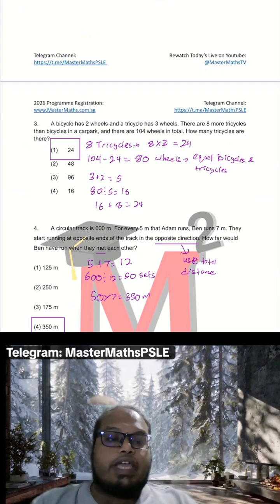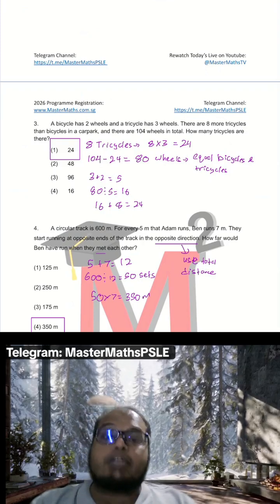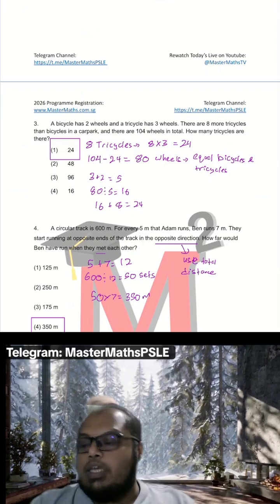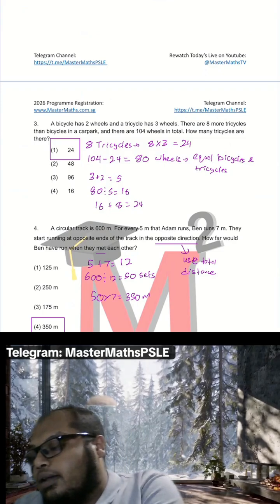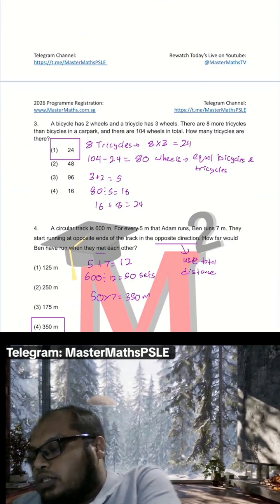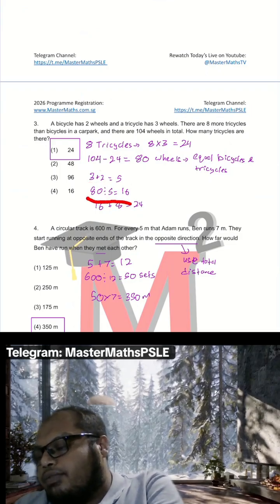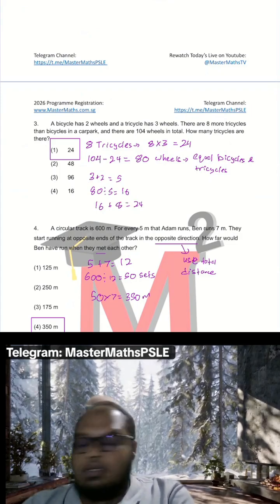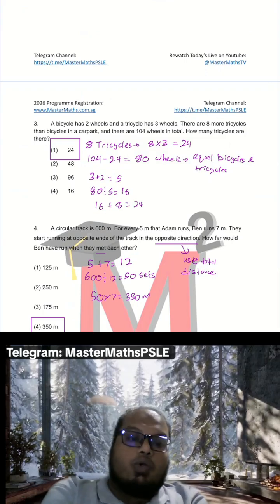Once I remove them, I will get an equal number of bicycles and tricycles. So when we have an equal number, our one set is 3 plus 2, 5. I divide by 5, so there are 16 sets. So 16 plus 8 equals 24.